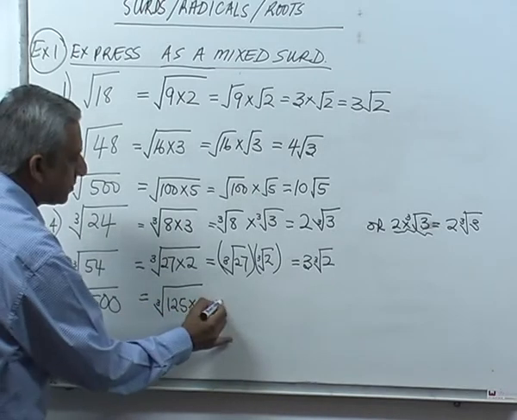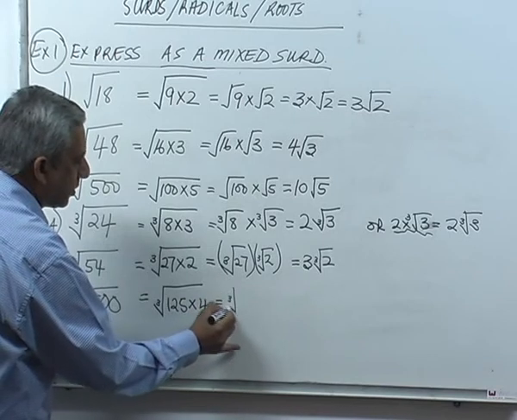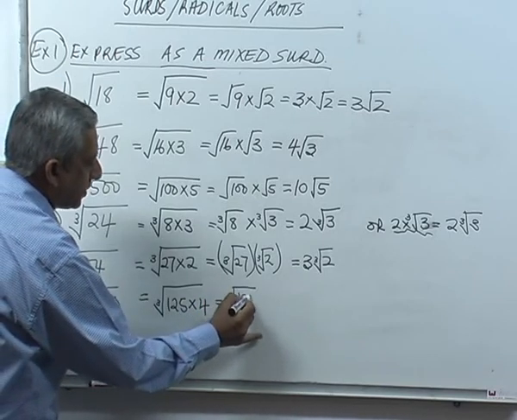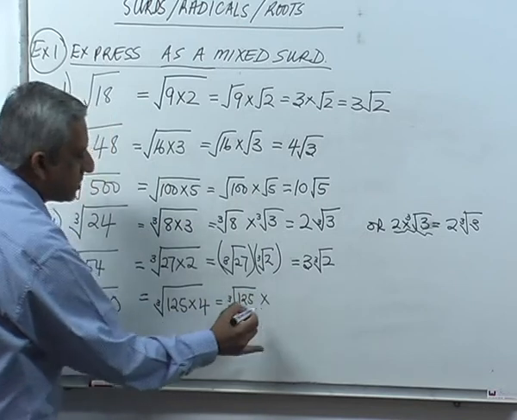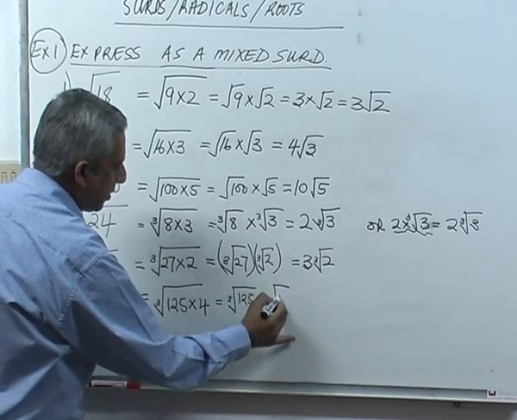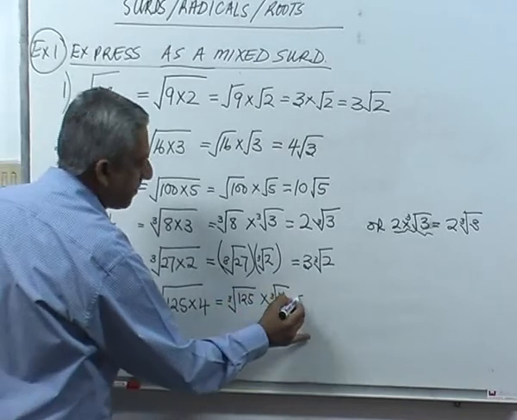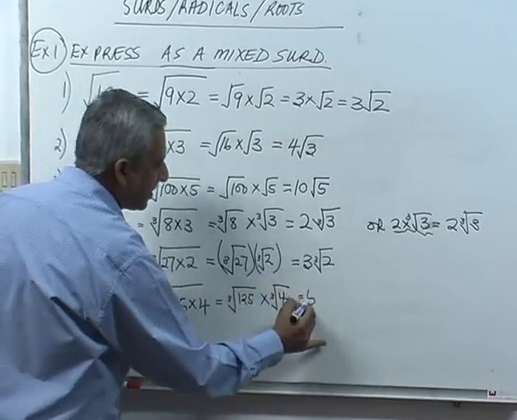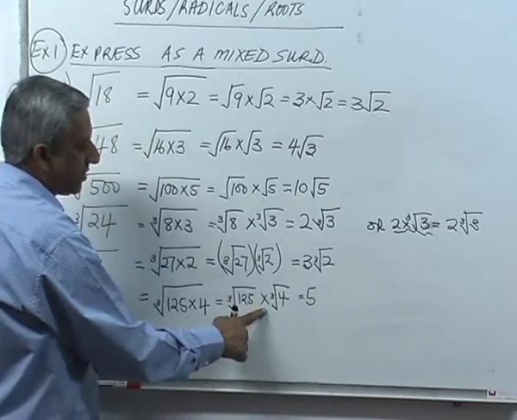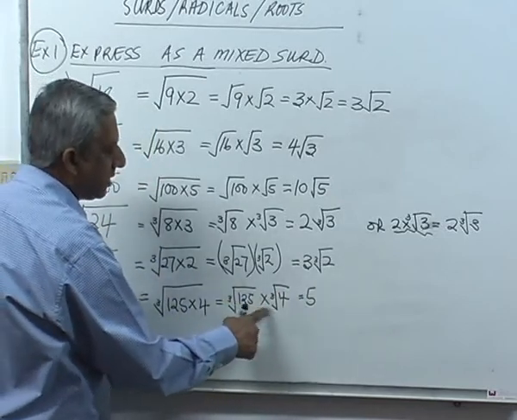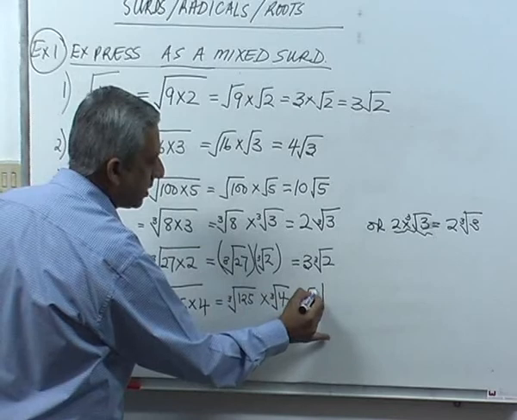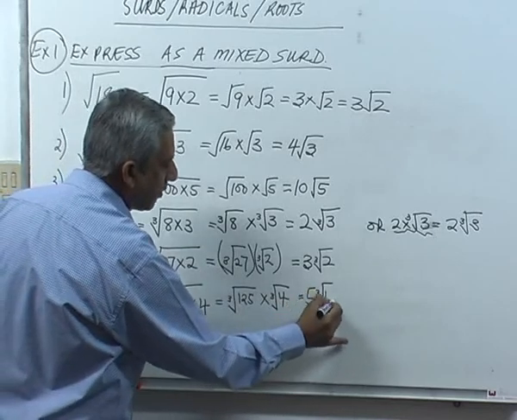So, cube root of 125 times cube root of 4. If it's cube roots, you must write the 3's. Cube root of 125 is 5. I don't have to write the multiplication sign now. And then next to it, cube root 4.